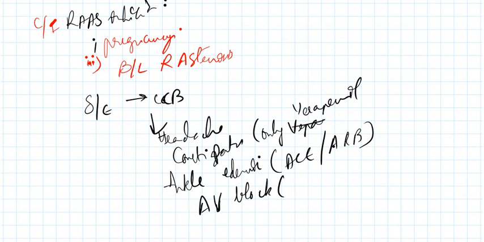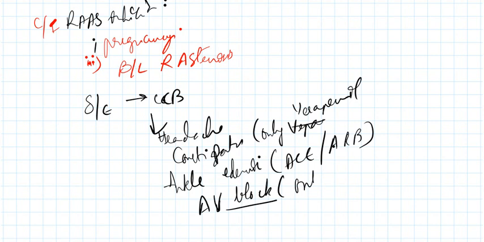So previously we stopped here: the side effects of calcium channel blockers. One of the key side effects of the calcium channel blocker is AV block, atrioventricular block. But in which calcium channel blocker?